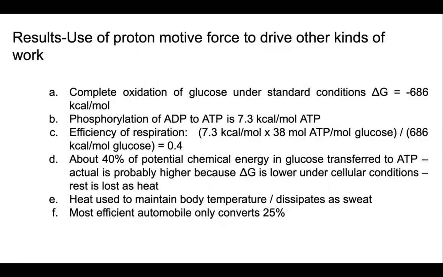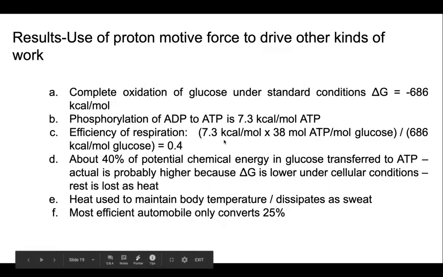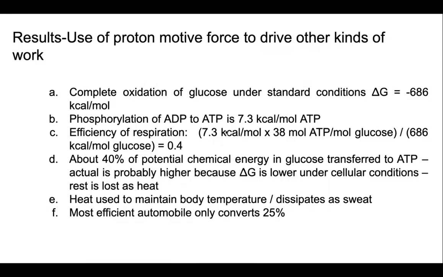So if we look at the efficiency of respiration, you make 38 moles of ATP times 7.3 kilocalories per mole, and you divide that by 686 kilocalories per mole, we have about 40% efficiency. That means about 40% of the potential energy in the glucose ends up being transferred to ATP.